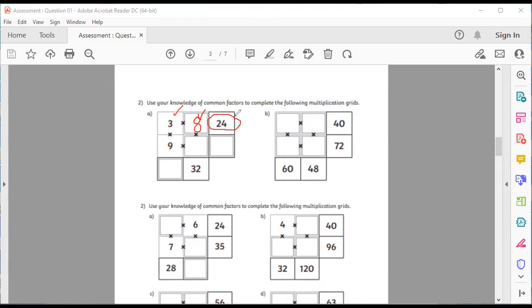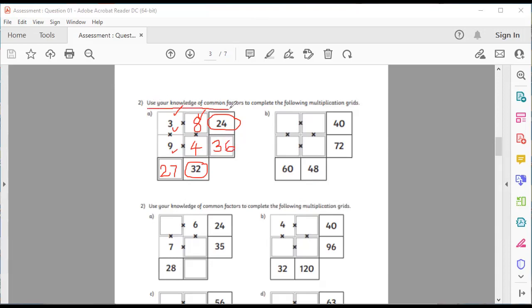Do you understand? Okay. Now 8 times what gives you 32? 4. So 8 and 4 are the factors for 32. Now over here, 3 and 9, what is the product over here? 27. And 9 and 4, what is the product over here? 36. So what are we doing here?